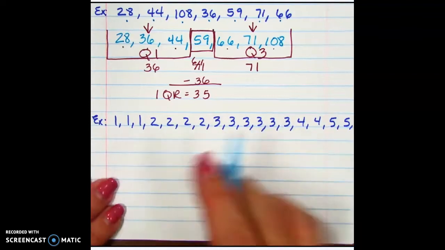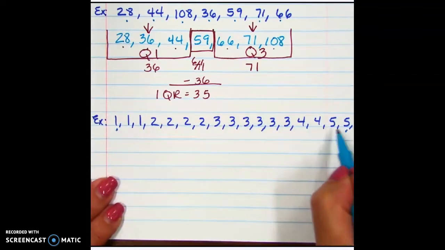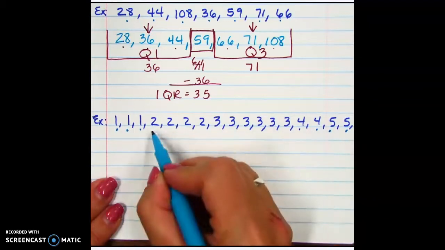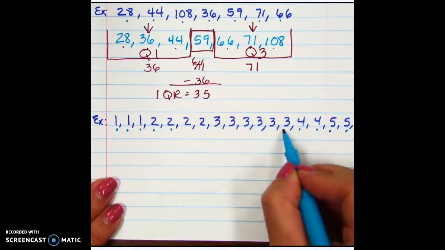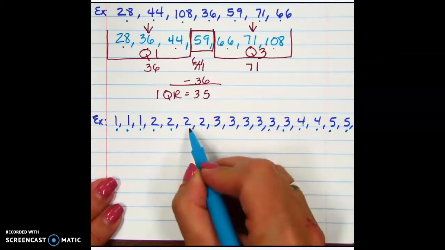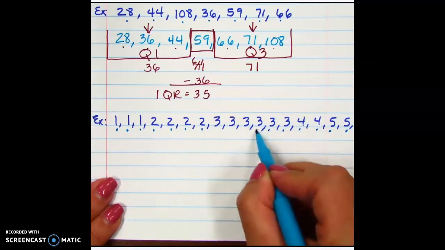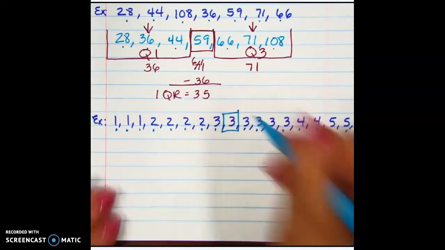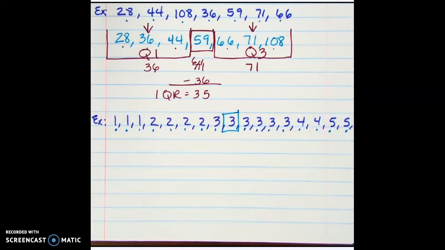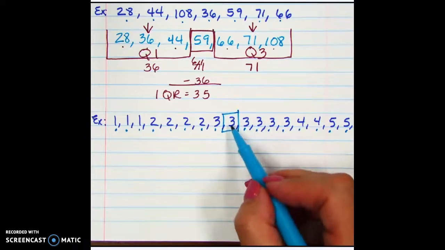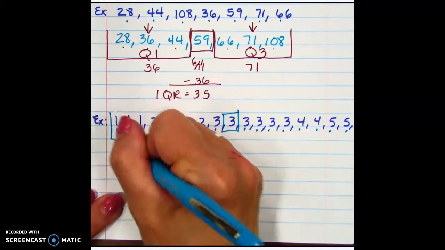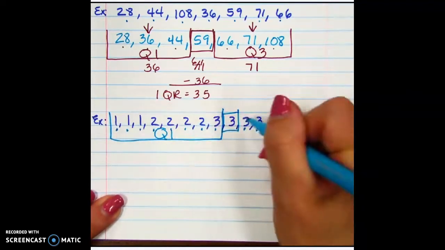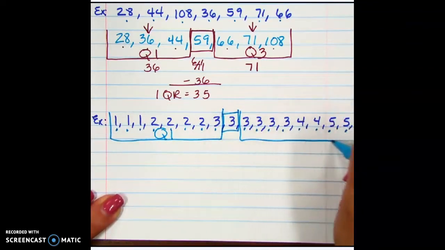So I need to find the middle. 3, 4, 5, 6, 7, 8. And the one left over is 3. So that is the middle of my data. That is the median. This here is the lower quartile. And this here is the upper quartile.